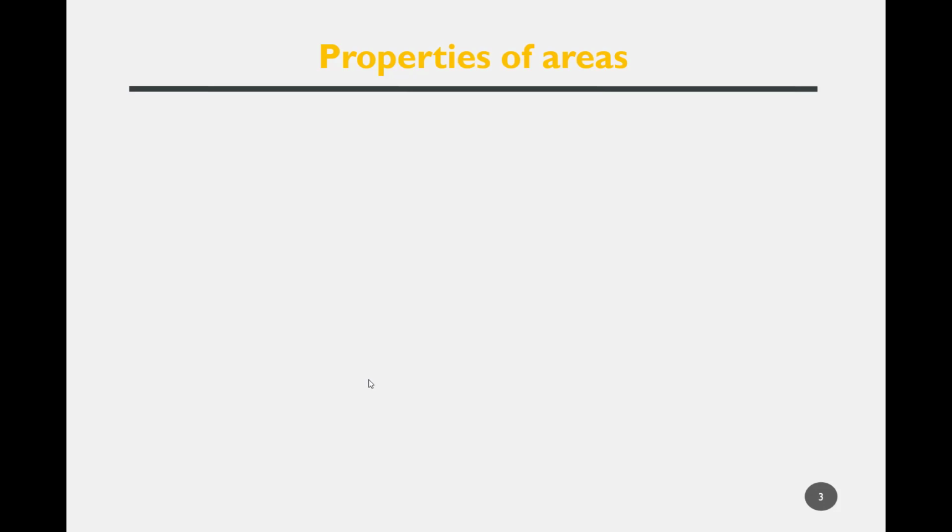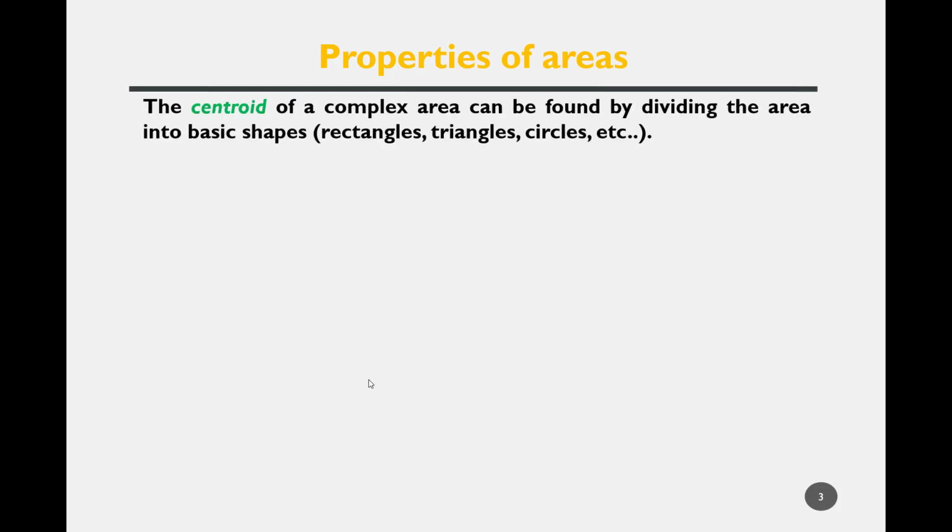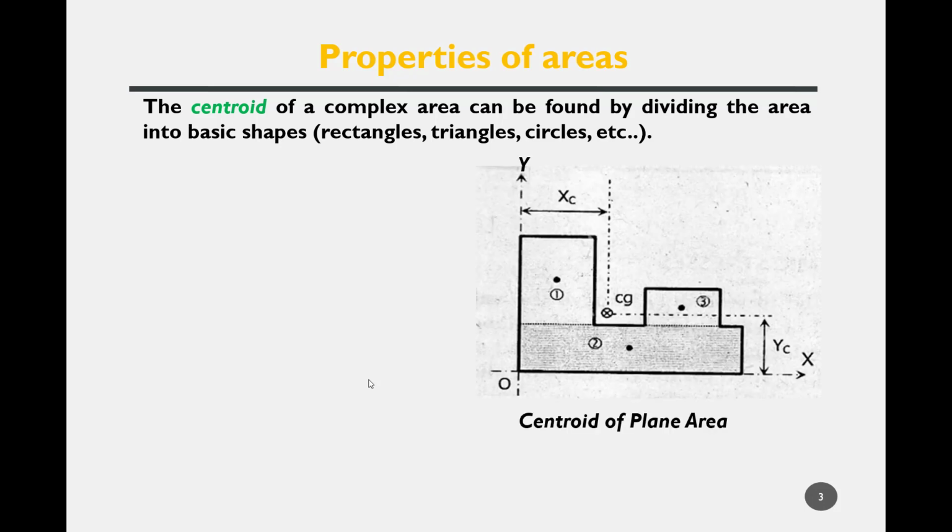So for the properties of areas, the centroid of a complex area can be found by dividing the area into basic shapes. We have the rectangle, triangles, circles, and kung ano man yung ating mga shapes. For example, ito. So makita mo ito, this is a rectangle.